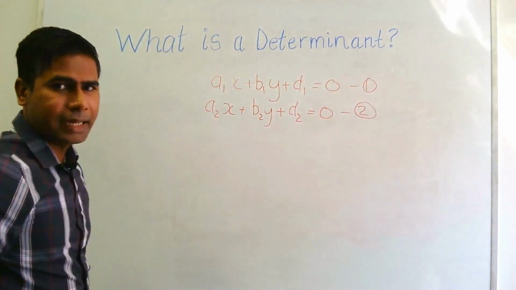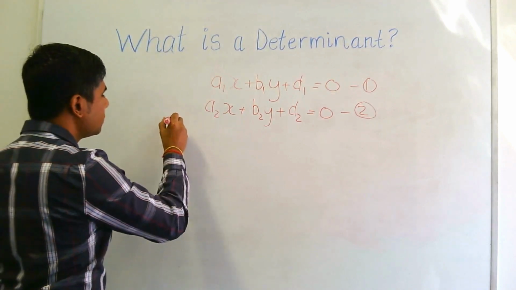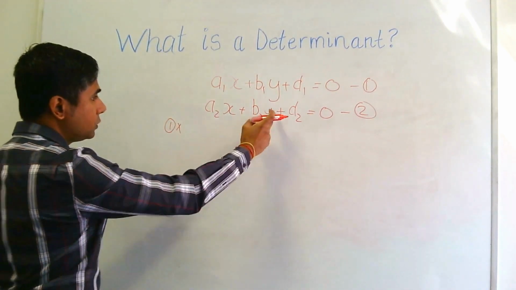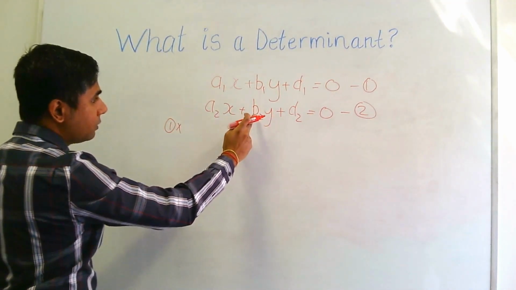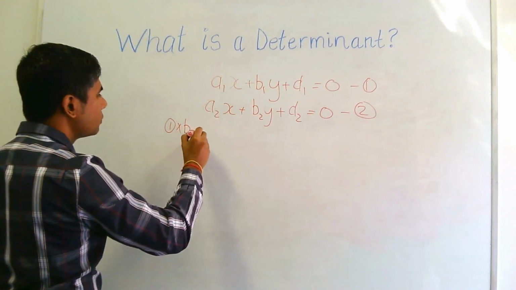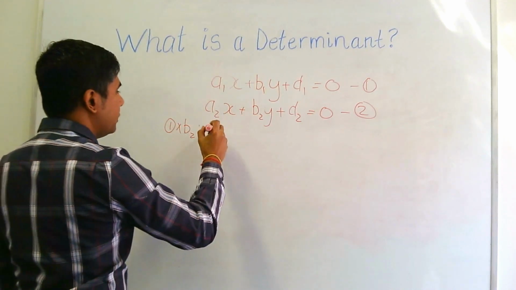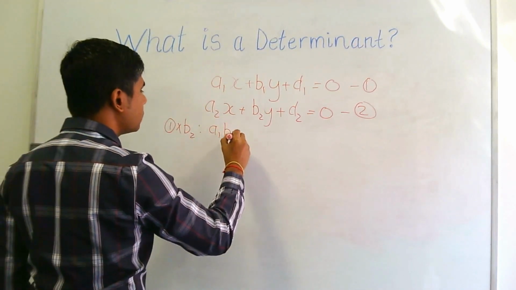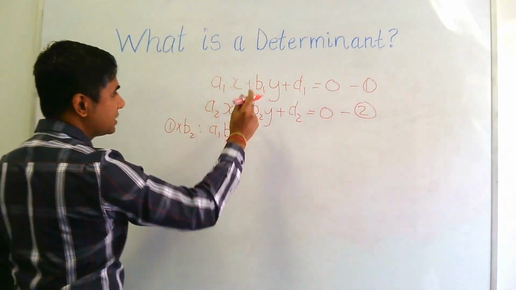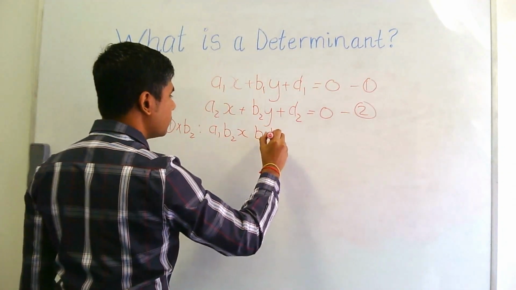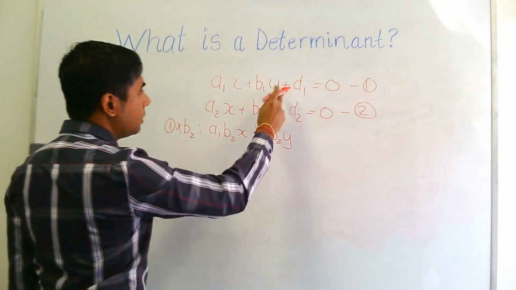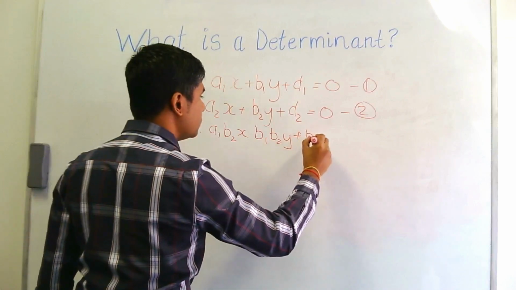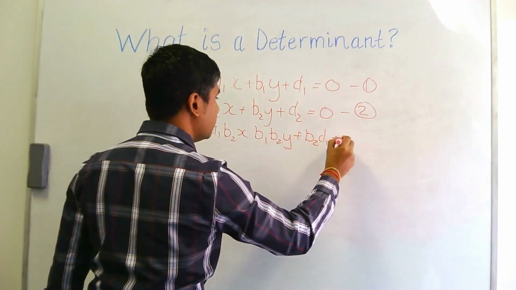So we proceed as before. We take equation 1 and multiply it by the coefficient of y in equation 2, so it's b2. When we do that, we get a1 b2 x, plus b1 b2 y, plus b2 d1, equal to 0.